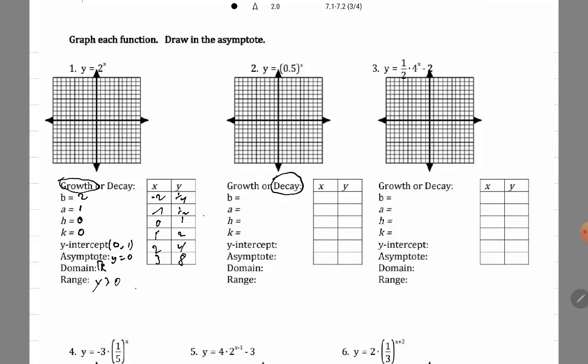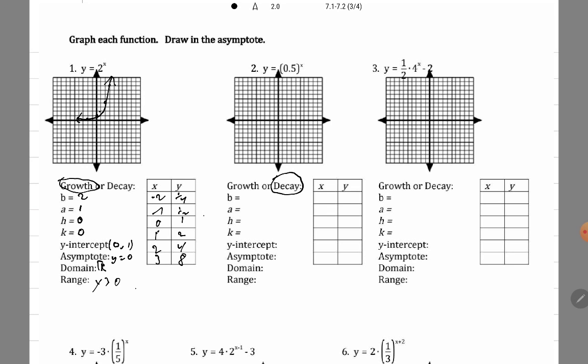So if we look at this, this would be -2, 1, 2, 2, 4, 3, 8. That's what it looks like. And I'm going to skip number 2 because we did that before, right above on the last page.